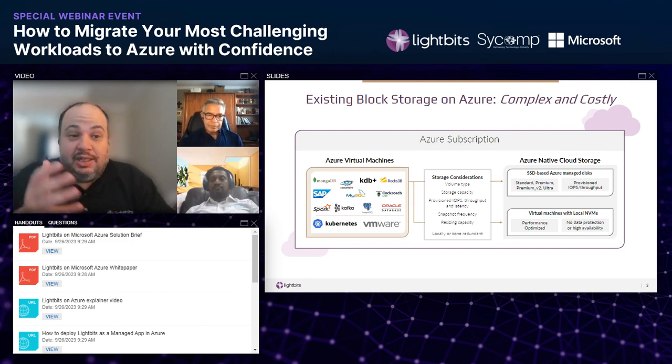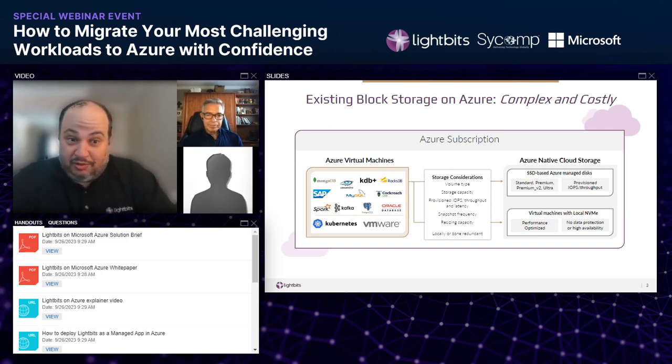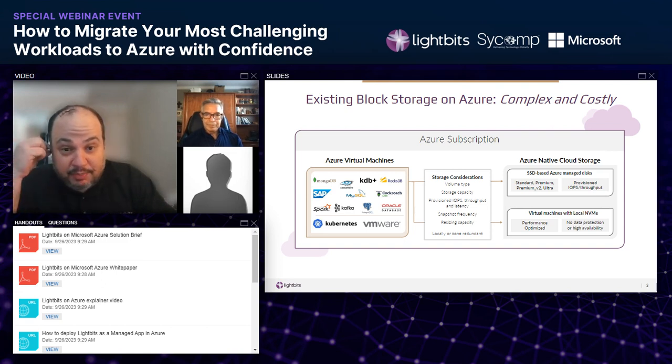You also have the option to say, okay, I need a lot of performance, the best throughput, the lowest latency, and you can say, okay, I have virtual machines with local NVMe devices in Azure. Those are great virtual machines. You can use them and you will get the best performance you can get from the public cloud, very similar to what you get on-prem.